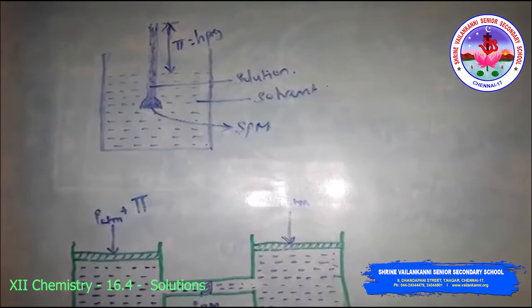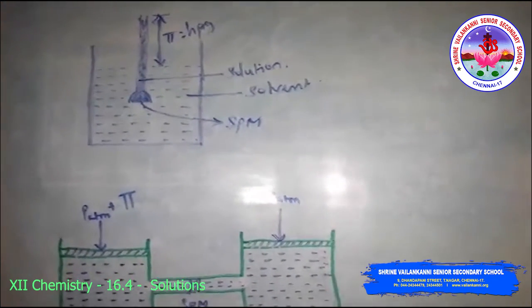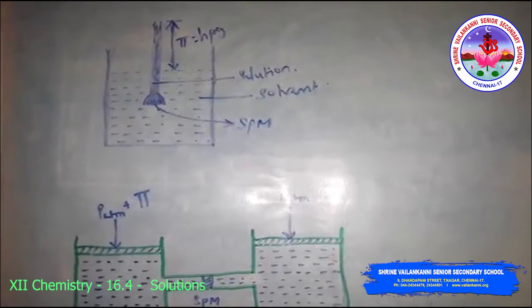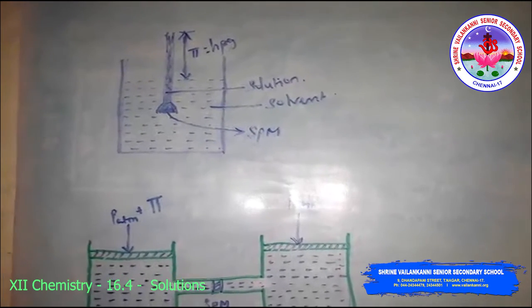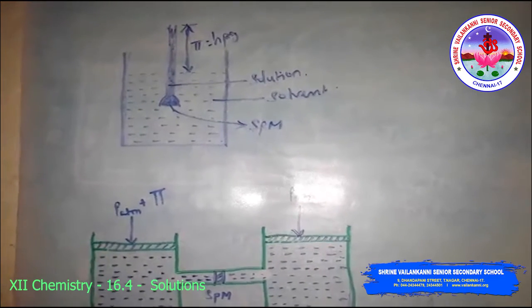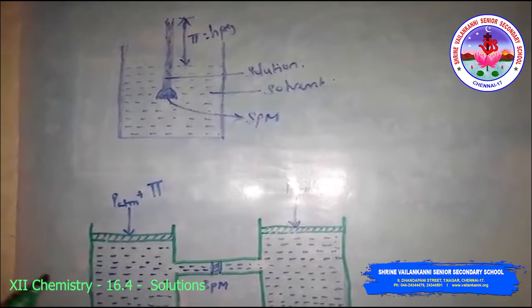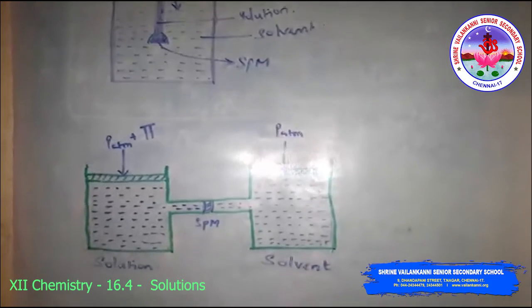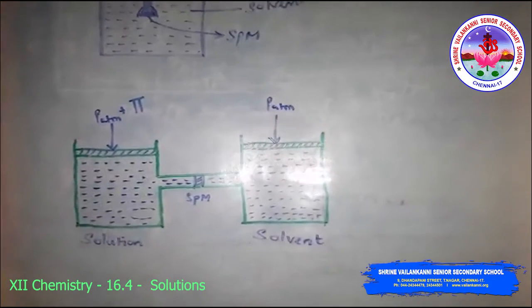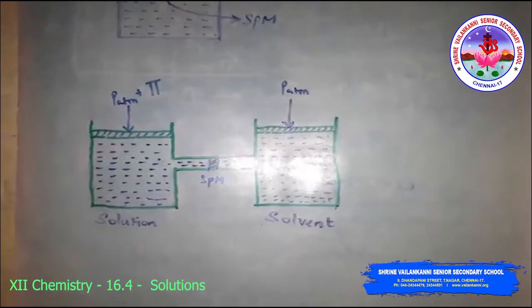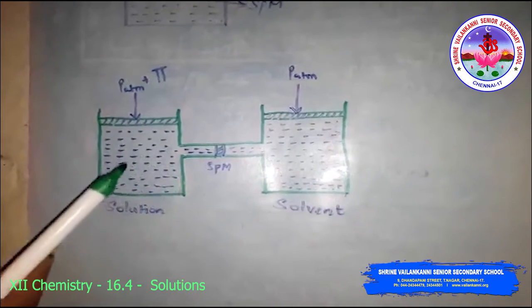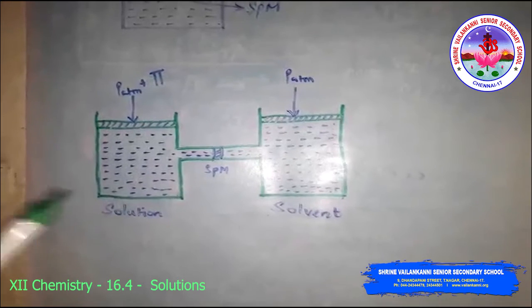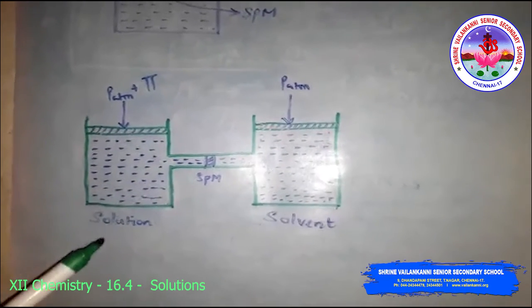The osmotic pressure has been found to depend upon the concentration of the solution. The osmotic pressure of a solution is the excess pressure that must be applied to the solution to prevent osmosis, that is, to stop the passage of solvent molecules through a semi-permeable membrane into the solution.